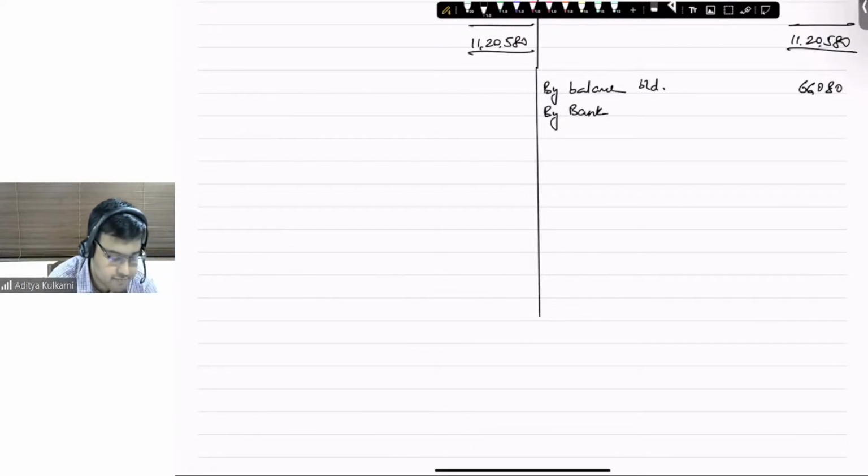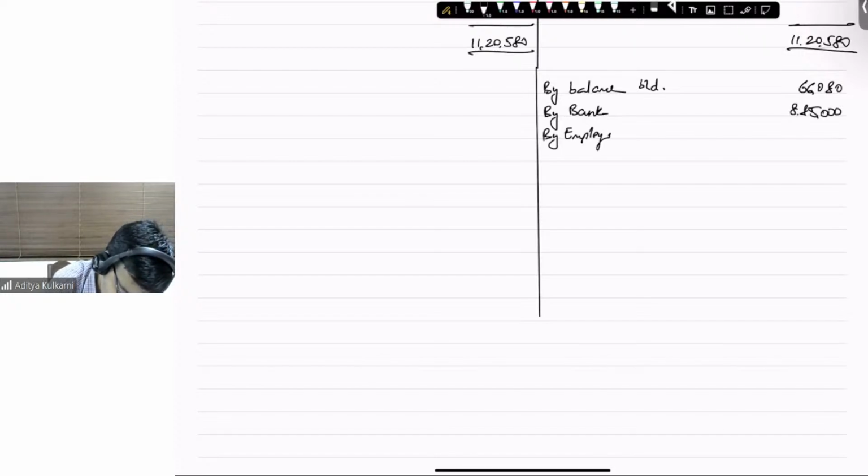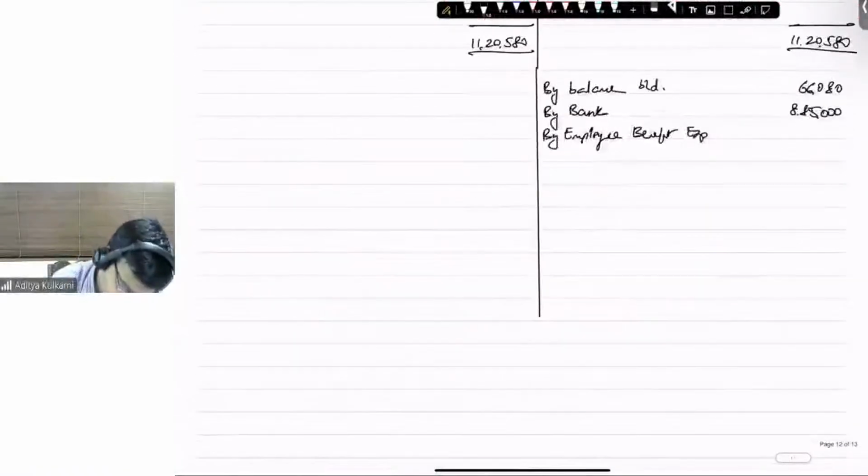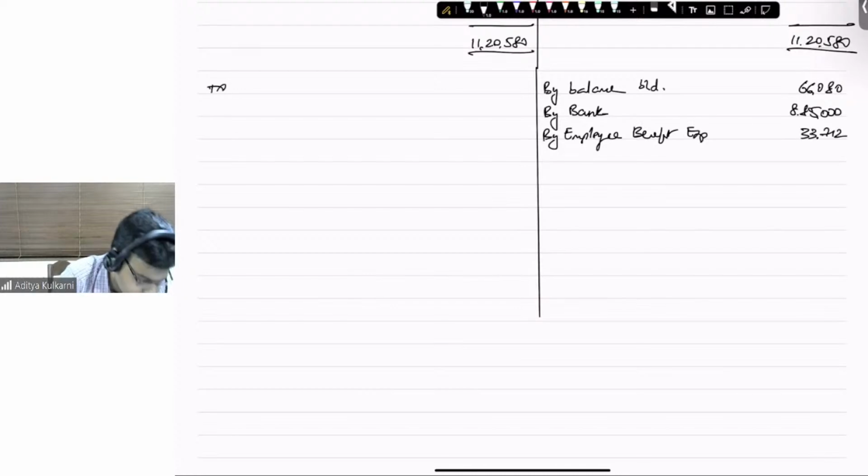By bank, 8,85,000. By employee benefit expense, last year it is 33,712. To equity share capital.